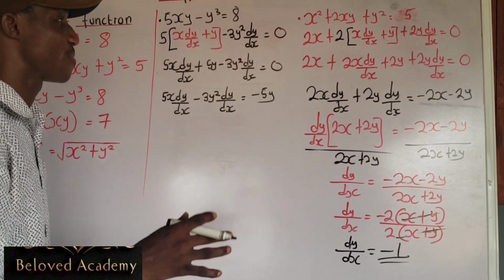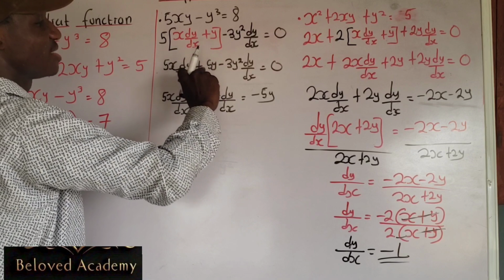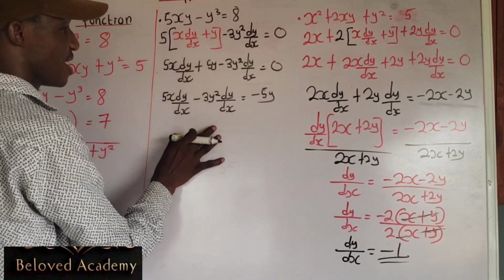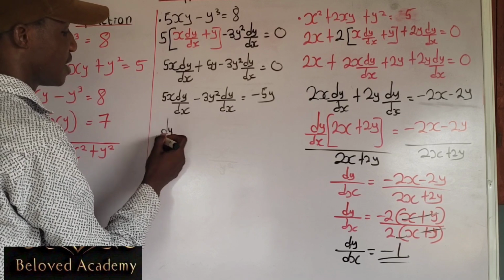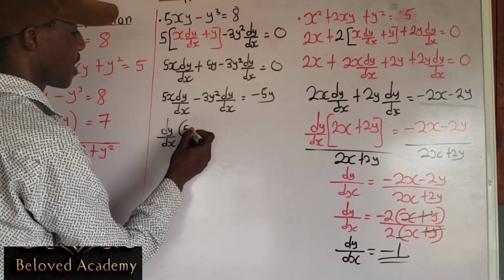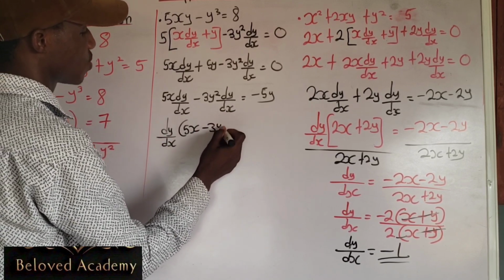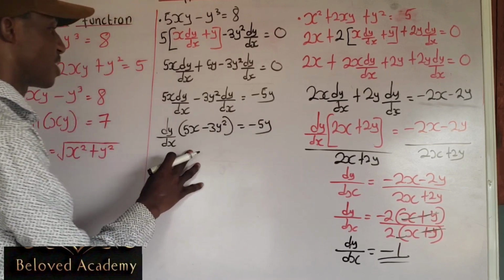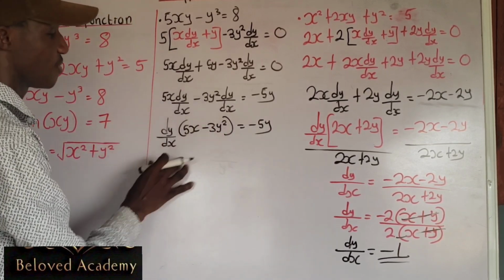Just pay attention, okay? What I did here was that I take this 5y to the other side, so I have negative 5y. So I leave this and this here. Now, factorize dy/dx. I'm going to have dy/dx times 5x minus 3y squared equals negative 5y. Okay, dy/dx is common to this and this, so I factorize it out.